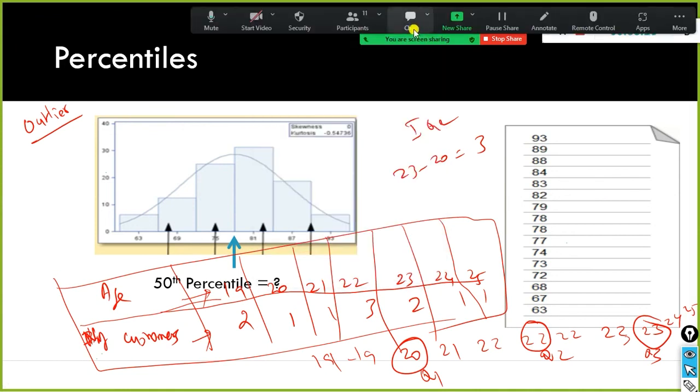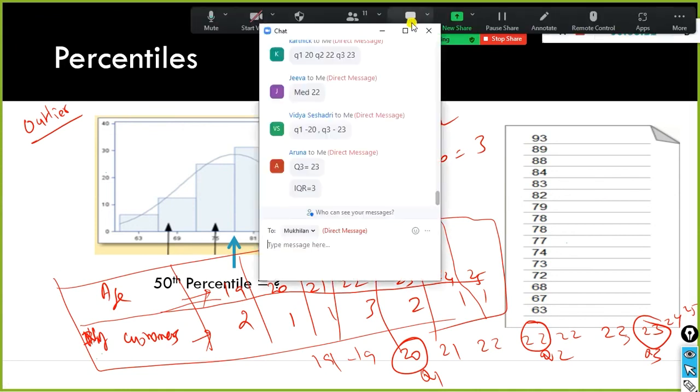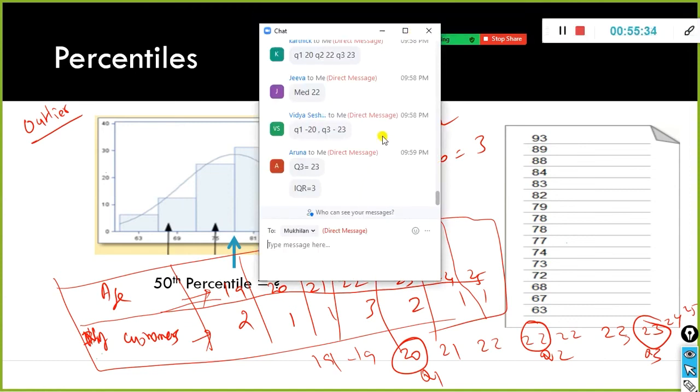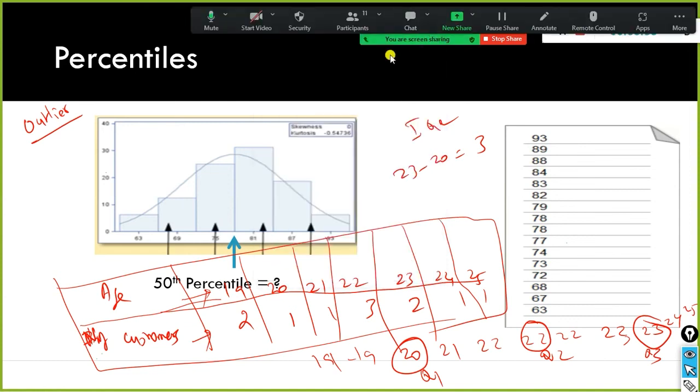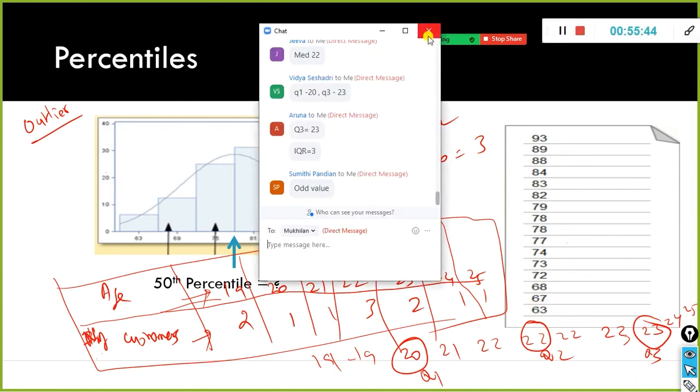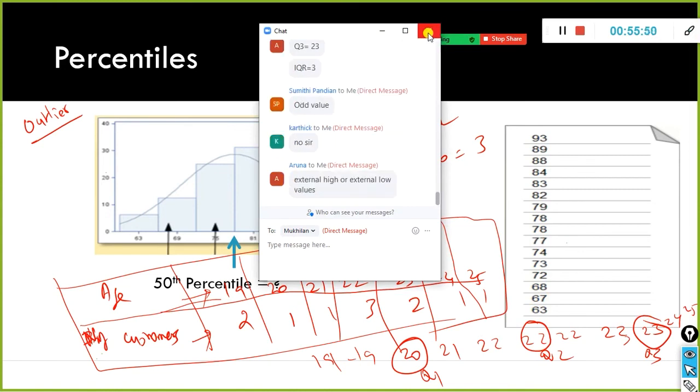What is outlier? Unusually very high value, unusually very small value. So in this data, do we have outlier in this data set? Something odd, yes, Sumati, right? Something very odd, right?